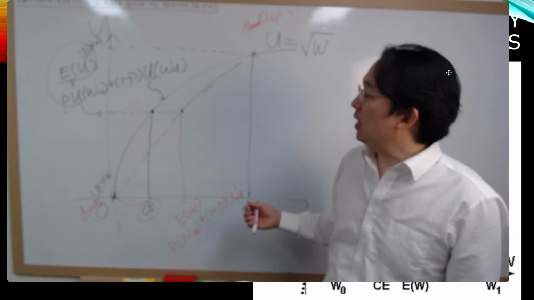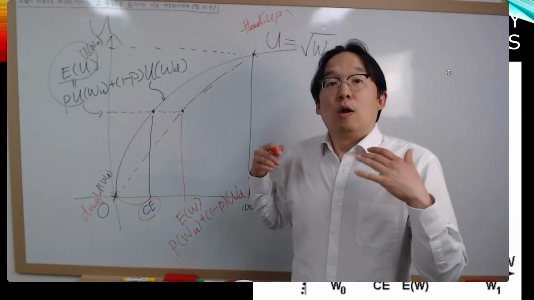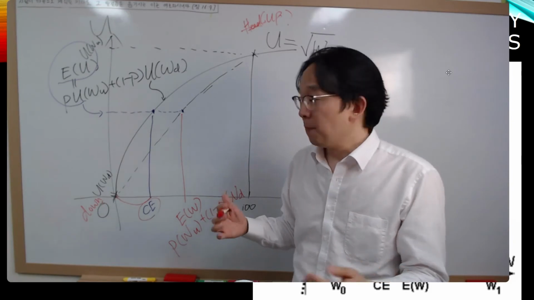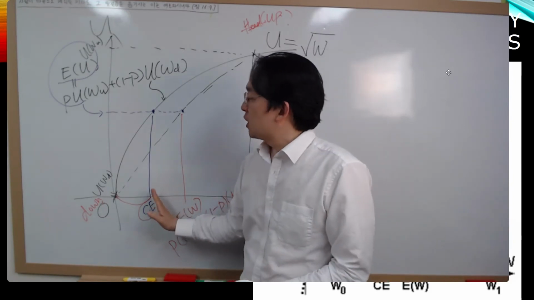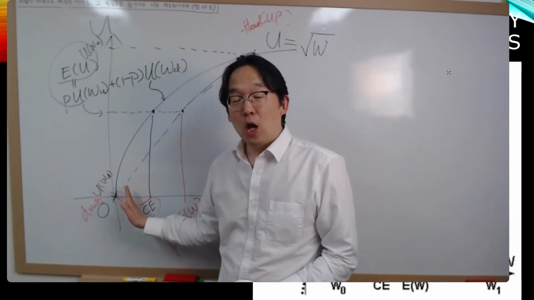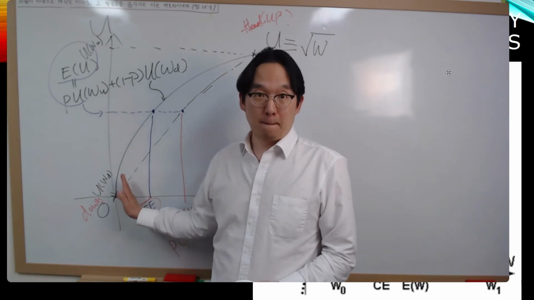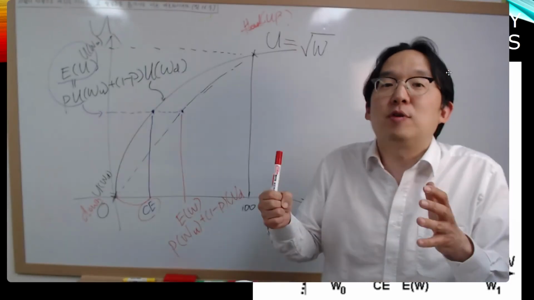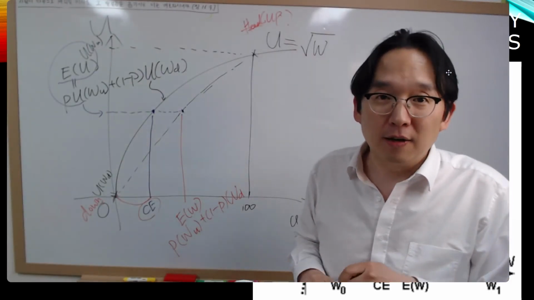The thing is, the more risk averse you are, the smaller the certainty equivalent would be. Okay? I hate to take risk, anything risky, right?